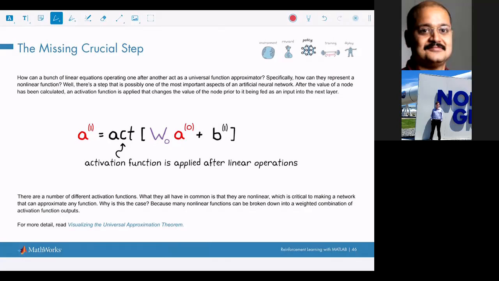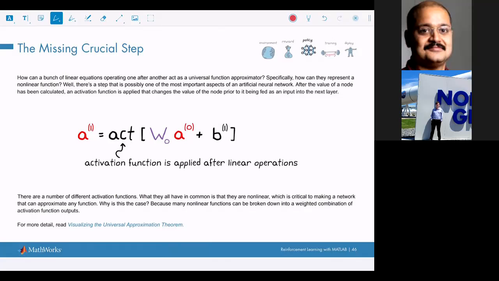W times A plus B is a linear equation. So this linear equation you want to use to approximate nonlinear functions. And those nonlinear functions would be very complex. So what you do is you operate with an activation function. What is an activation function? Activation function takes this linear function and converts that into a nonlinear function.